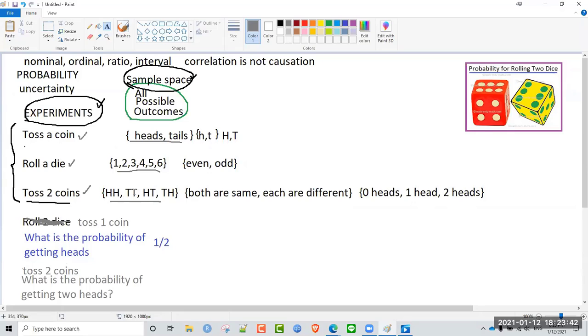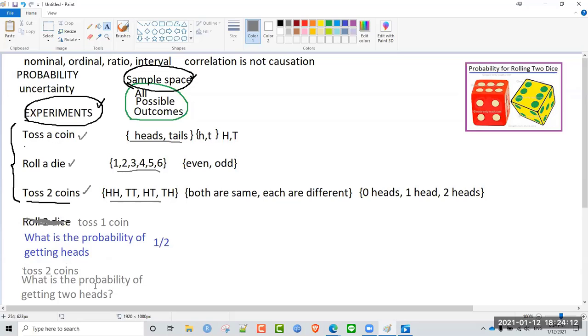So if we look at, we have different sample spaces. And like I said, some of them are more useful than others. And for this question, this is more useful. So this says that you could get HH, which means 2 heads. You could get HT, and you could get TH, and TT.